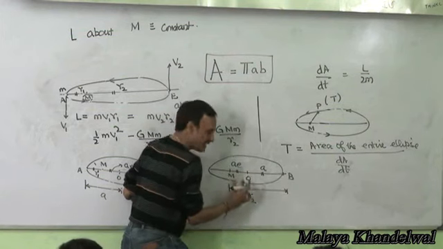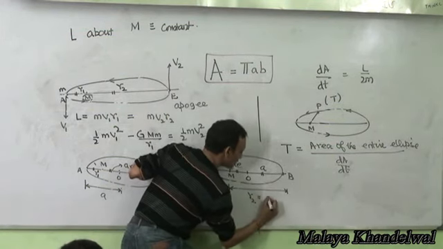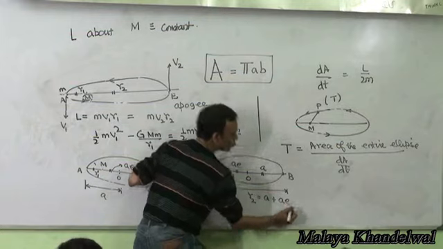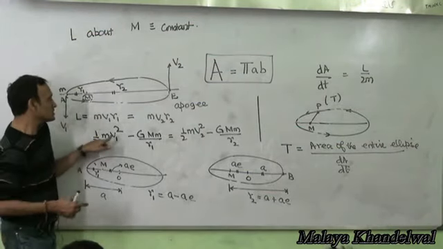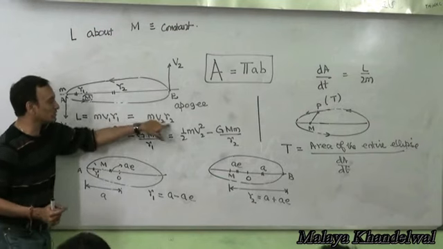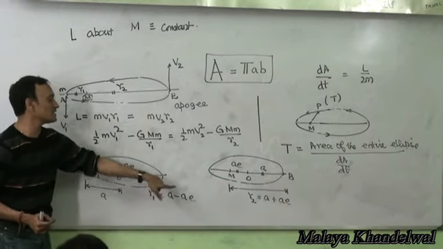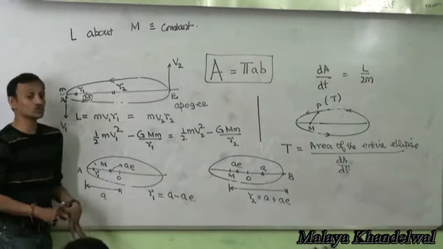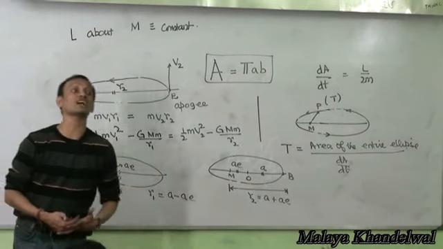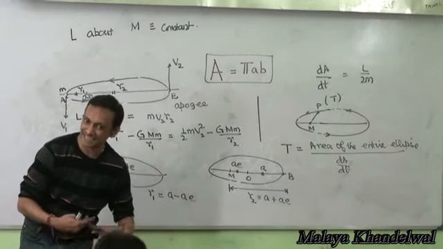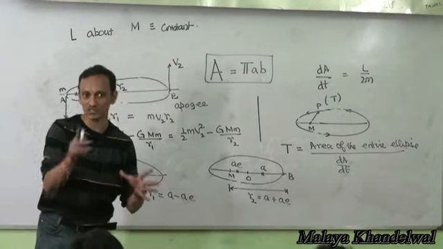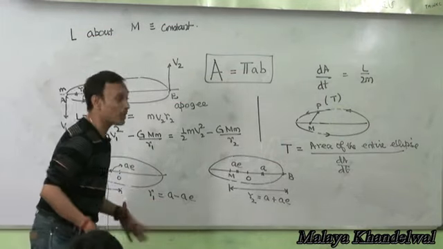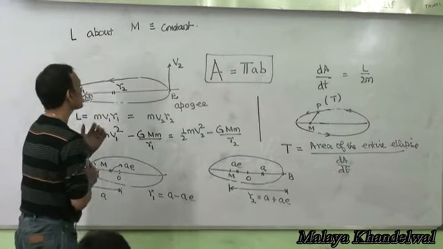R2 would be A plus AE. So in this equation, you can plug in R1 and R2 as A minus AE and A plus AE, and you can solve for V1 and V2 entirely in terms of the eccentricity E, which is the quality of the path described.